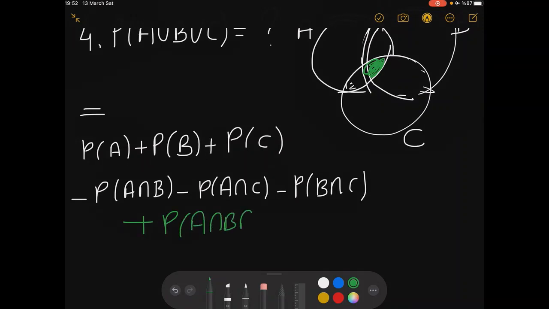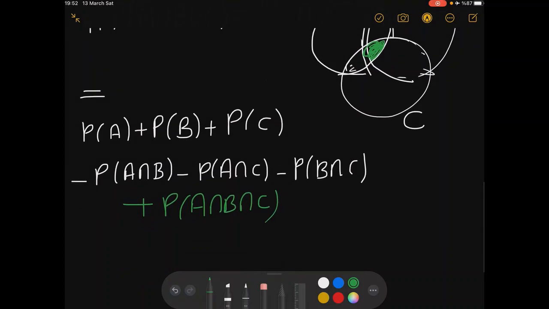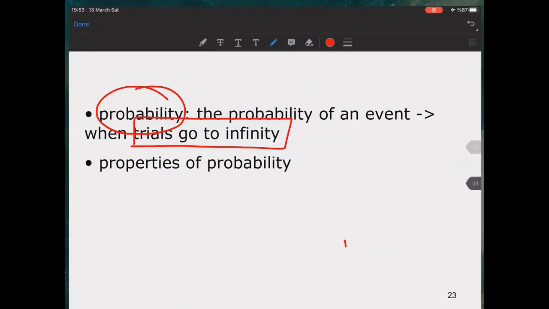But that's just making life easier for us to understand it here, but that's the rough idea, and you can go ahead and think about it and try it on your own as well.